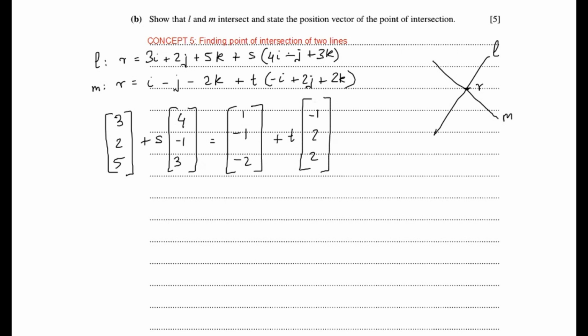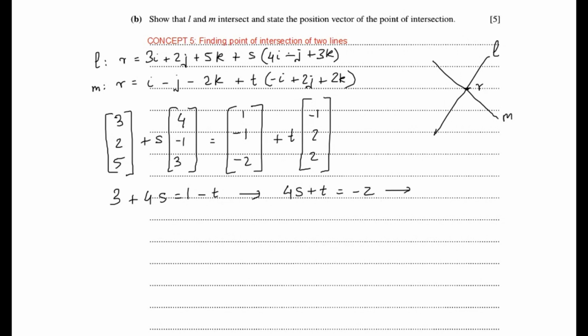Now, to show that they intersect, we have to find an s and a t that satisfies all three rows of the equation. So first we take the first two rows. So 3 plus 4s is equal to 1 minus t. We neaten that up to make it ready for inputting into the calculator. So 4s plus t is equal to negative 2.